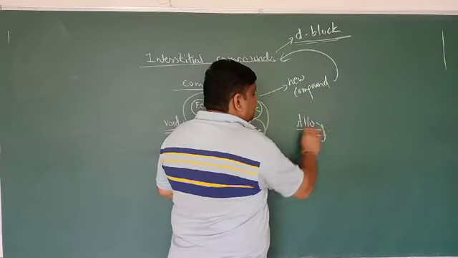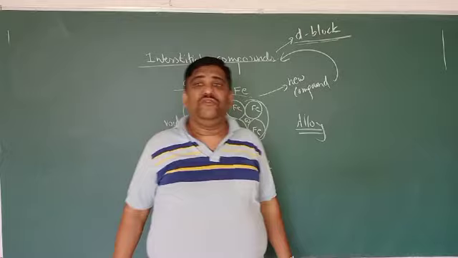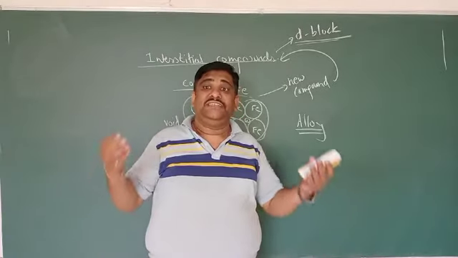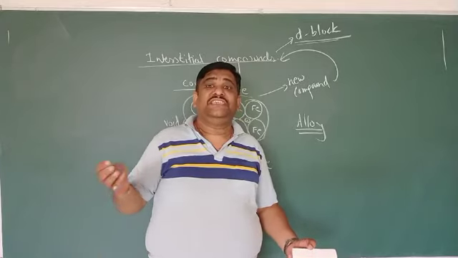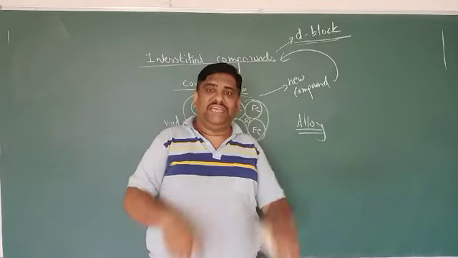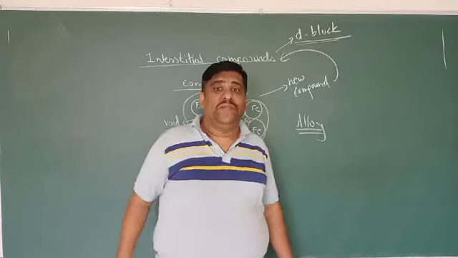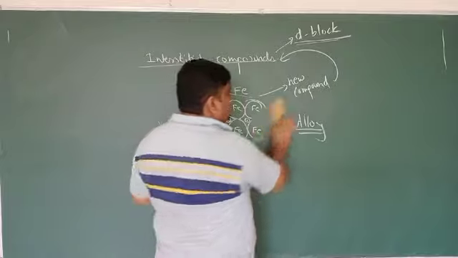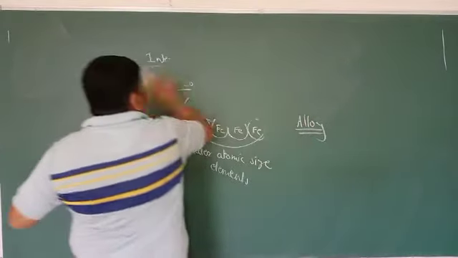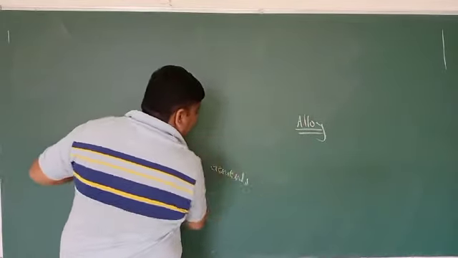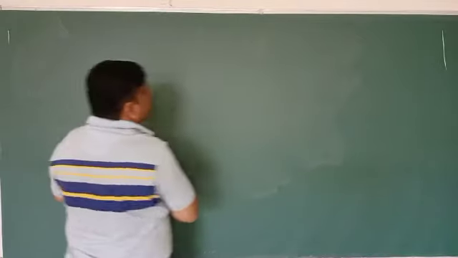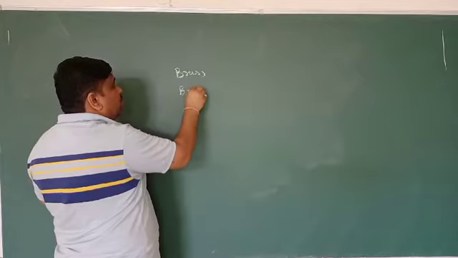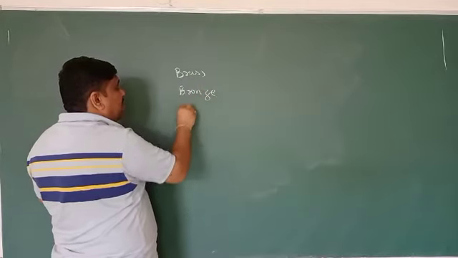Alloy formation: do you know what is meant by an alloy? It is a metal, or you can say a compound, which is obtained by mixing two or more metals. So look here, the alloy formation. You know brass, bronze, alnico.